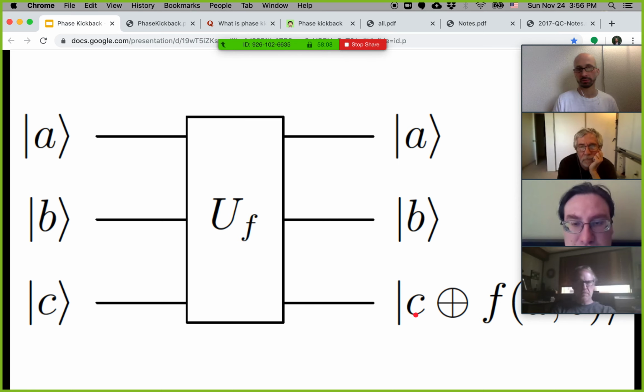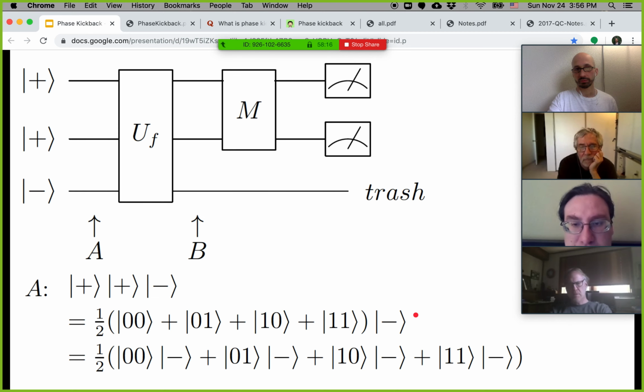Okay. So this is just a controlled by function f, not gate. Okay. Now, so Alice prepares this gate. So by the way, we have all the conditions for phase kickback. Control qubits are in superposition. We have some controlled operation.